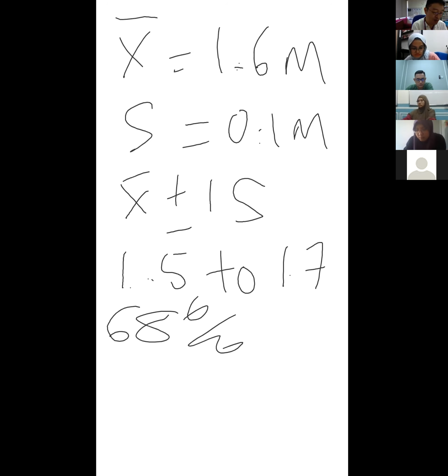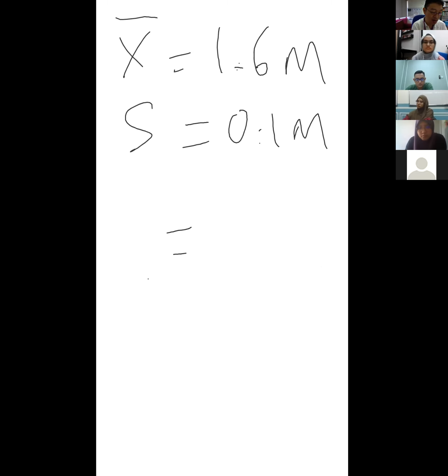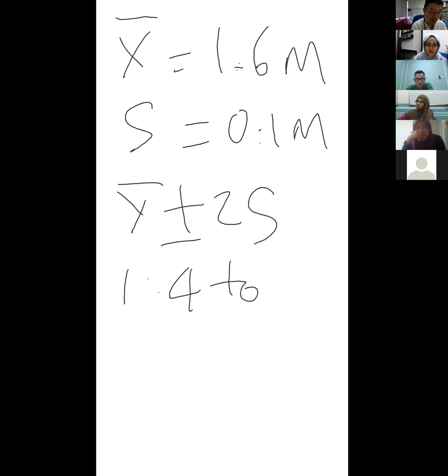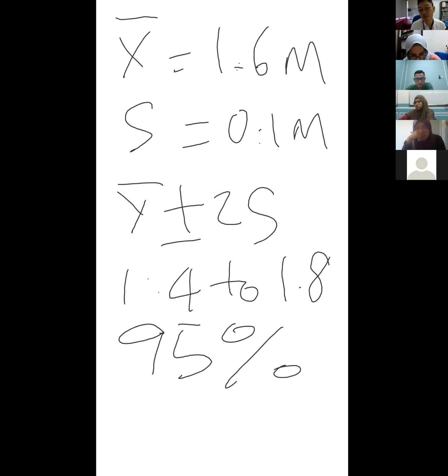If you have 2 standard deviations, you will be 1.4 to 1.8. So this will cover how many percent of the people? 95%.